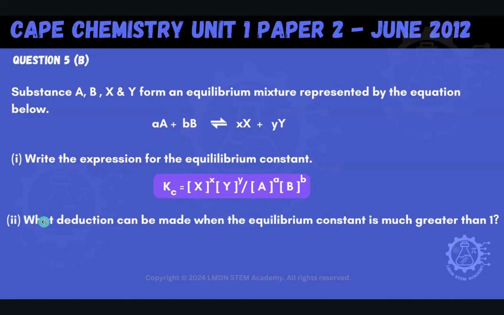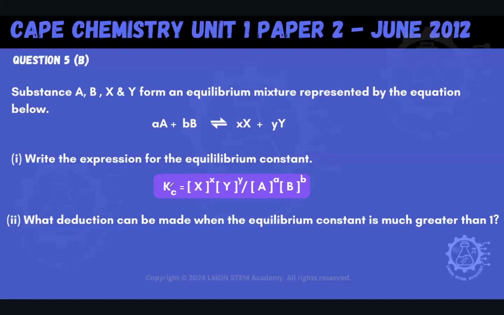So moving right along, what deduction can be made when the equilibrium constant is much greater than 1? So we're saying if Kc is much greater than 1, what does that mean, right? From a mathematical standpoint, it would mean that we have more of our products, more of what's in the top. And that would make the Kc be much, much greater than 1. So remember, if the top is big, then Kc will be big.